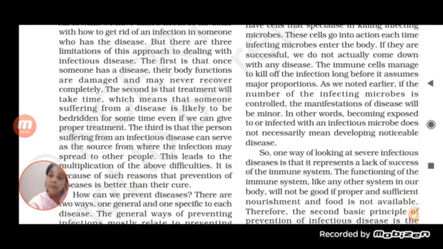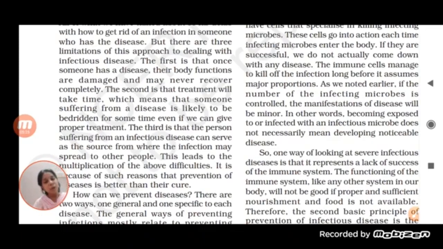So the person can transmit the disease from him to a healthy person. So there will be chances of a spread of the disease, or multiplication of the disease, from one person to the other. So these are some of the problems that occur while treating diseases, students.